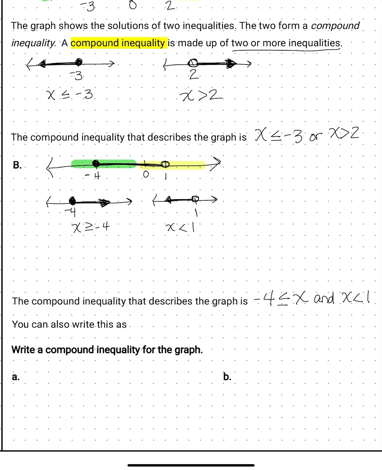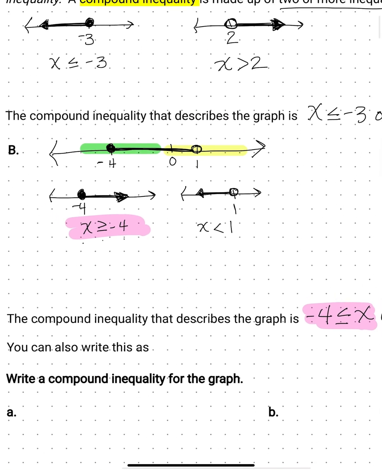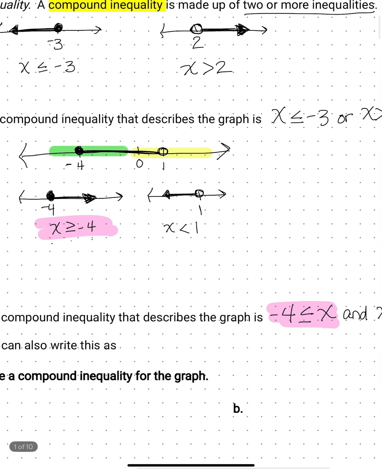So something that I've noticed students in the past have gotten a little confused with is, how is this the same as this? So inequalities can be read from left to right or right to left. If I read this, I am going to say x is greater than or equal to -4. Notice that now my variable and my constant flip sides, I have -4 less than or equal to x.